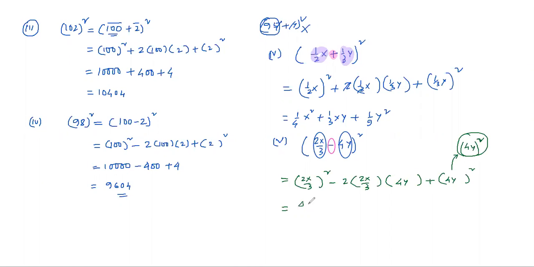In that case, you will never make any mistake in expansion. This is 4x square by 9, not 3. Then 2 2s are 4, 4 4s are 16 will come here. Then 3 is down, and xy, and then it will be 16 y square. So that's the answer of this kind.